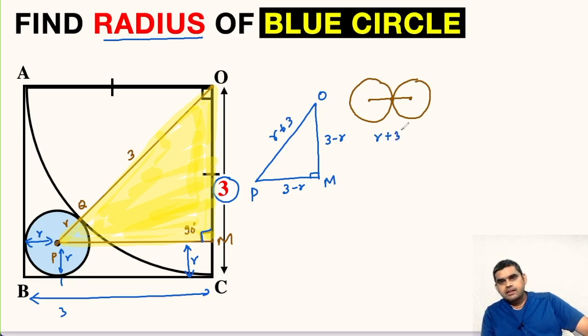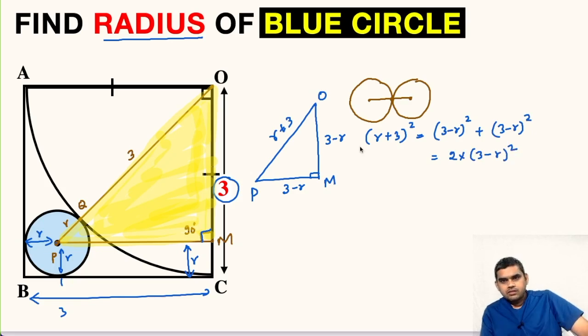So we can write R plus 3 whole squared is equal to 3 minus R whole square plus 3 minus R whole square, or we can write 2 times 3 minus R whole squared. So using the identity a plus b whole square, we can expand left hand side.